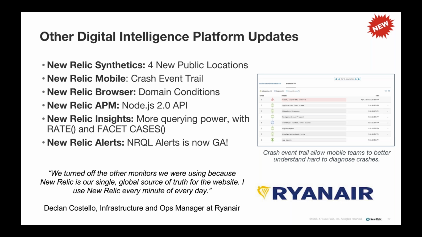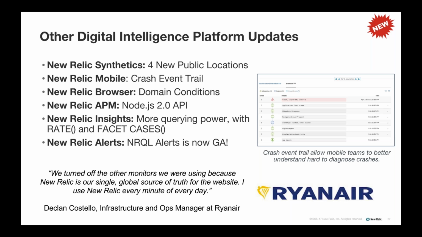So with mobile, we've made significant investments over the last 6 months into our crash reporting tool. It was best in class 6 months ago, and with the release of crash analysis at FutureStack in November, and now our most recent announcement, which is this quarter, Crash Event Trail, we really believe that we're giving mobile teams the ability to fix those hard to diagnose edge case crashes.